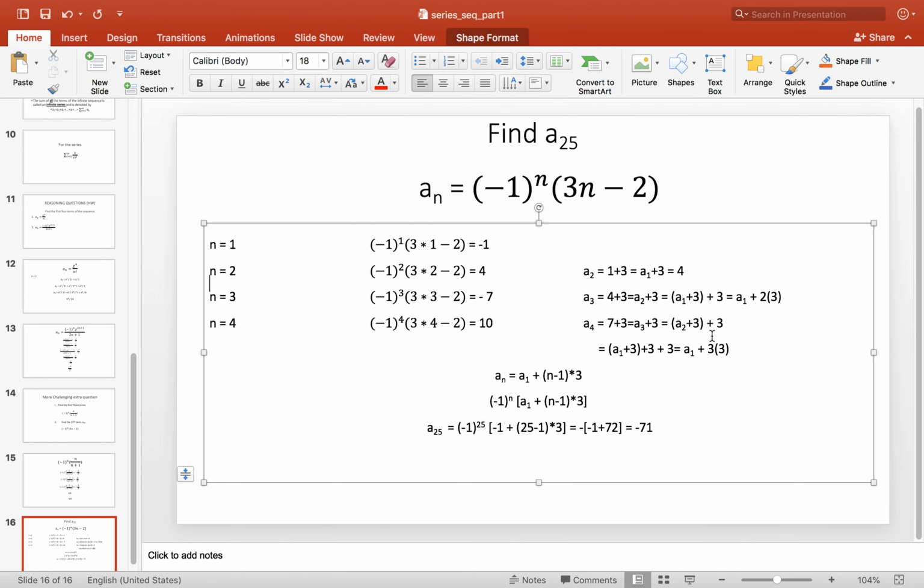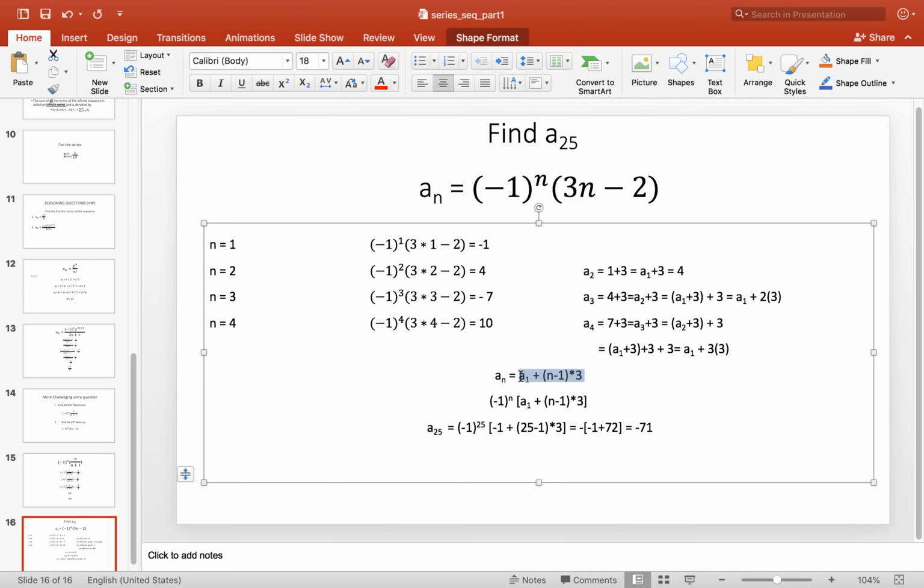So it is safe for me to say that A of n equals A of 1 plus n minus 1, because when this is 4, this is 3. When this is 3, this is 2. When this is 2, this is 1. So A of n equals A of 1 plus n minus 1 times 3. And that's how I got this.